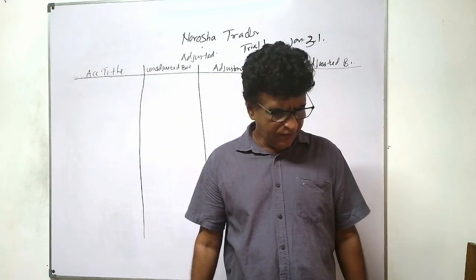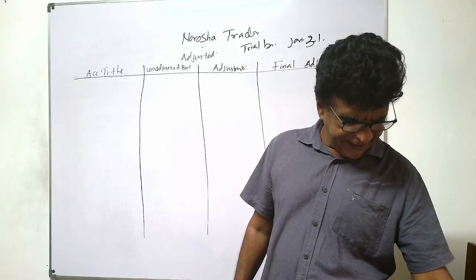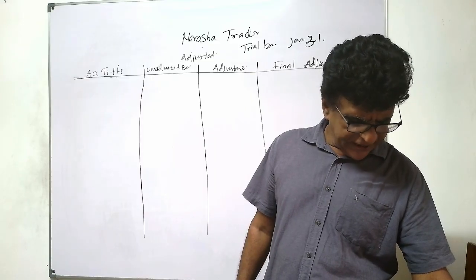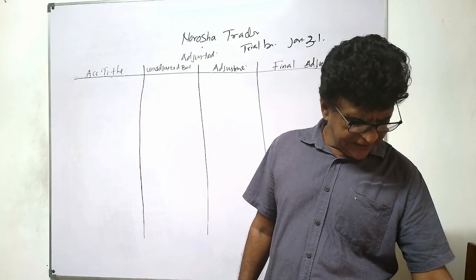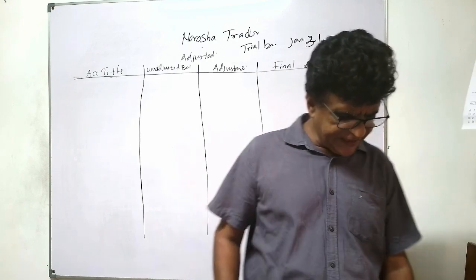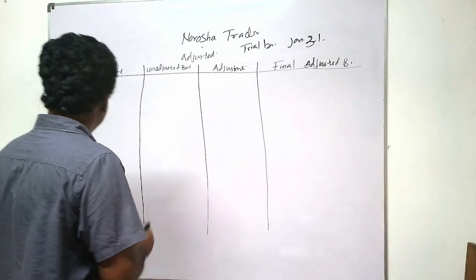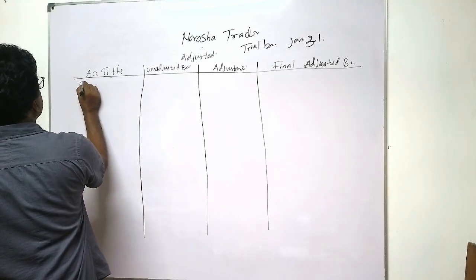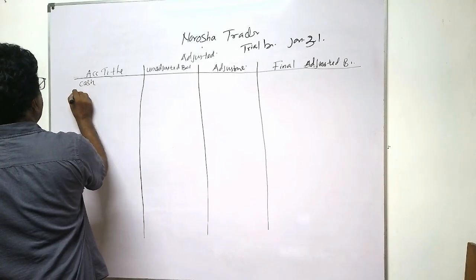First, we'll go for the debit entries: cash account, trade receivables, purchase account. We don't have any adjustments, right?